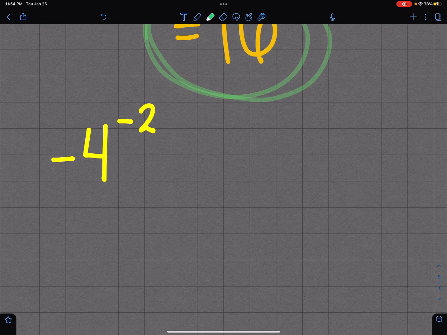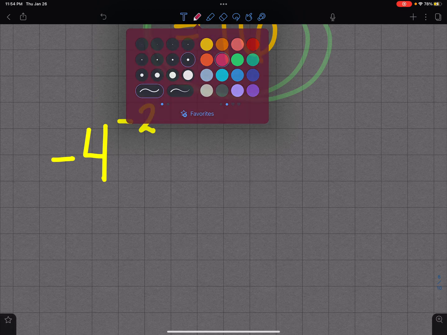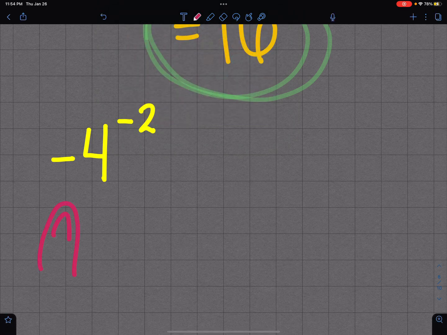Okay, now you can imagine how it gets really, really complicated. But let's look at this one. Negative 4 raised to the negative 2. Whew, this is starting to get complicated, right? The first thing we're going to do is take our finger. Let's make it a pink finger this time. I don't know why.